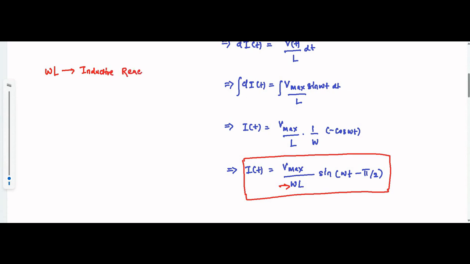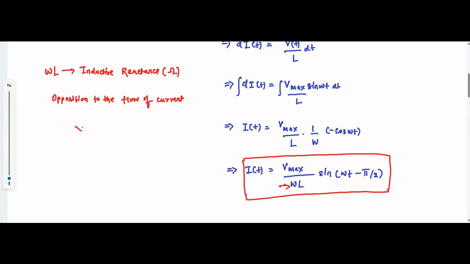It has a unit of ohms. So what does inductive reactance do? It provides opposition to the flow of current in the circuit. That's why it is in the denominator here.